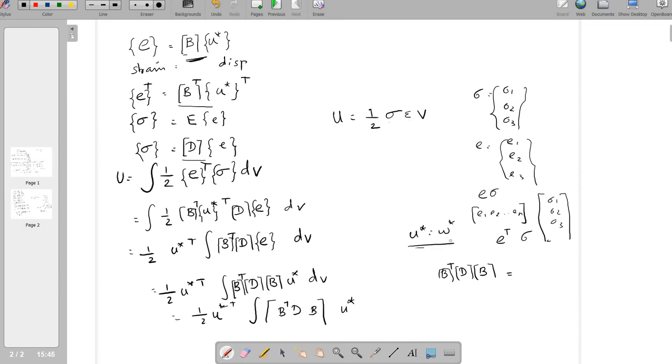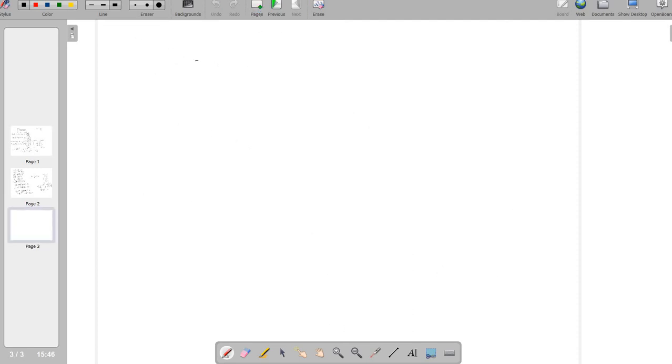I am going to substitute U star as W star, and keeping B transpose dB as K. So it is half into U star, which is W star transpose, and B transpose dB is K. Again U star is equal to W star dV. So this is the expression.